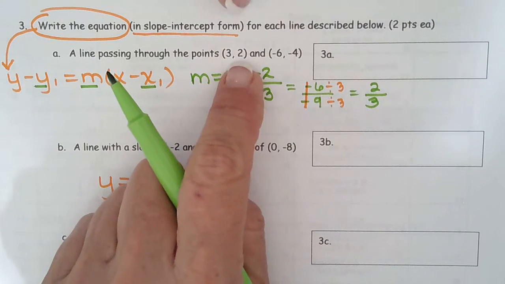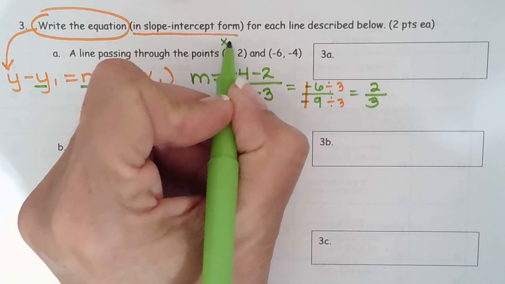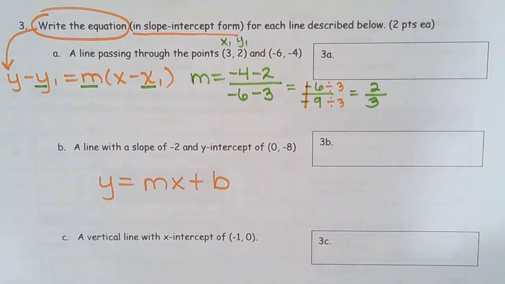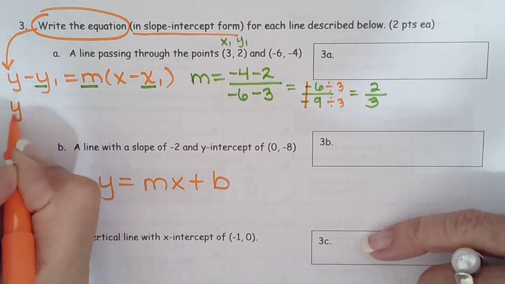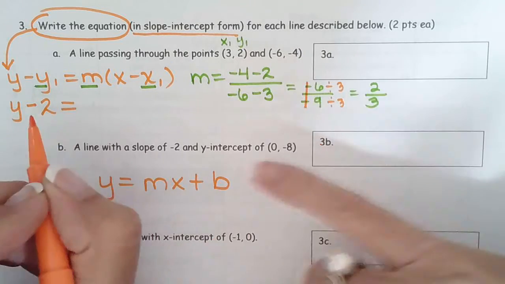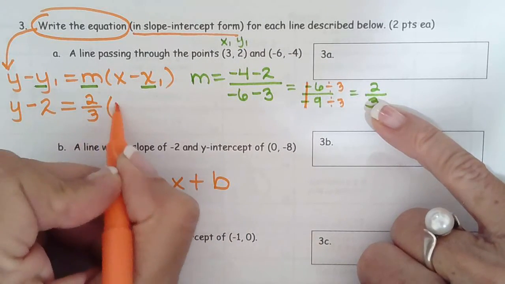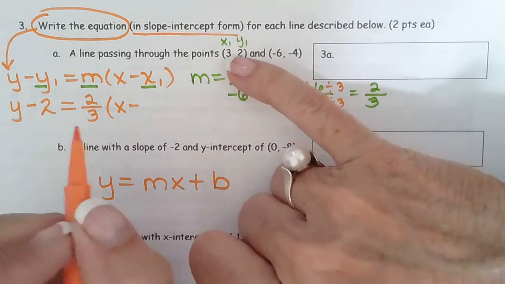And then pick the point that has the least number of negatives and the smallest number. So there's my x1 and my y1. And I'm ready to plug and chug. So y minus 2 equals m, 2/3, times x minus 3.